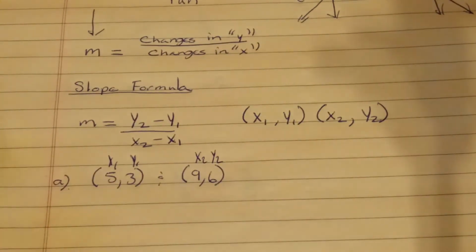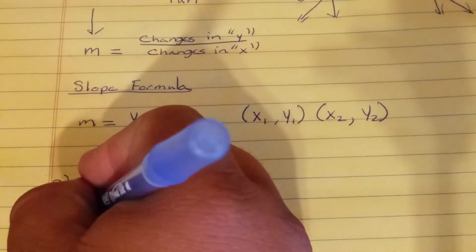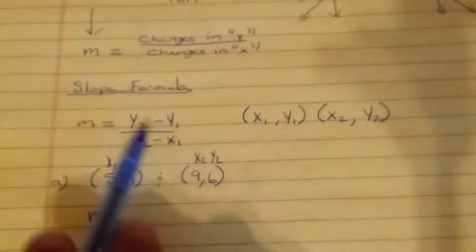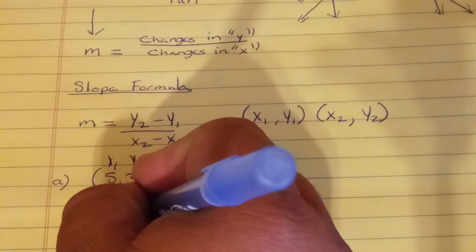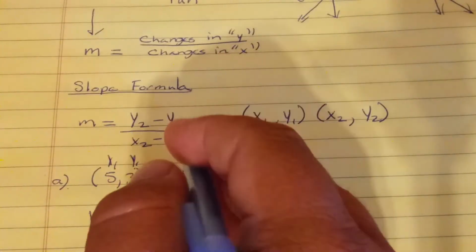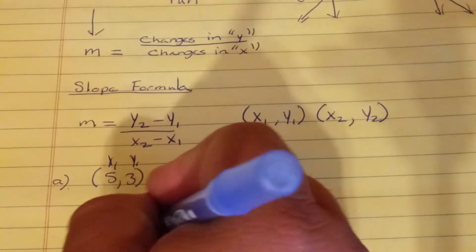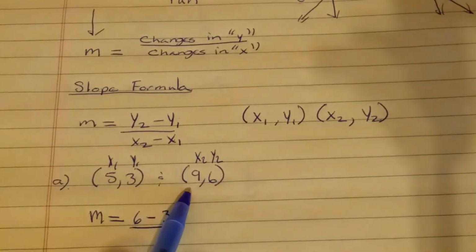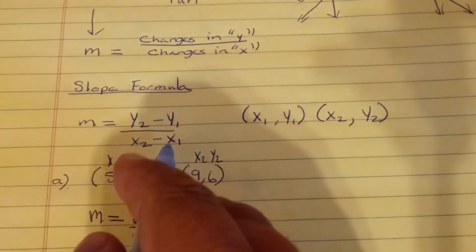So we go ahead and substitute it into that formula. And once again, follow the order. It's y to the second first. So y to the second here is 6, minus y to the first. Y to the first here is 3, over x to the second. X to the second is 9, minus x to the first.